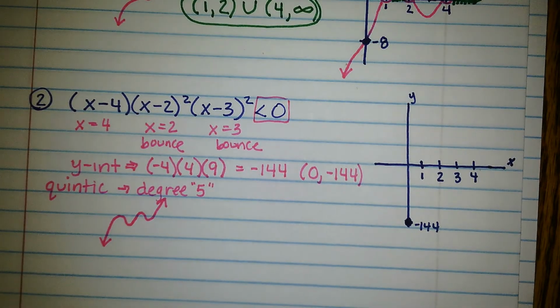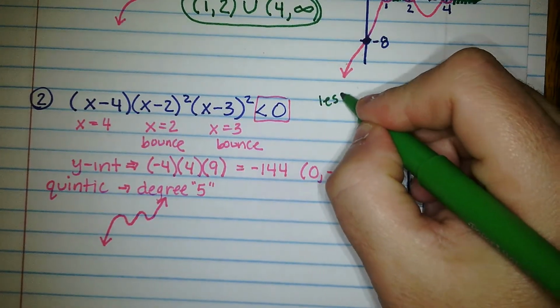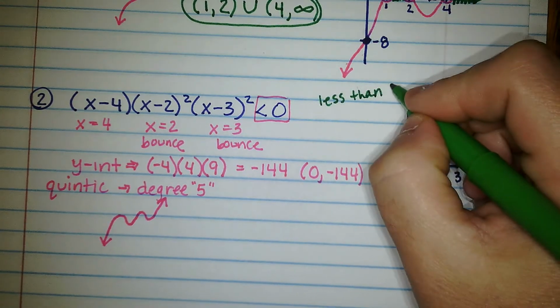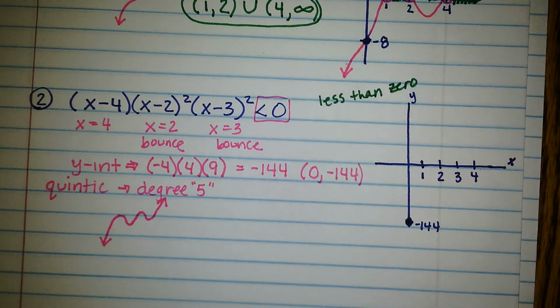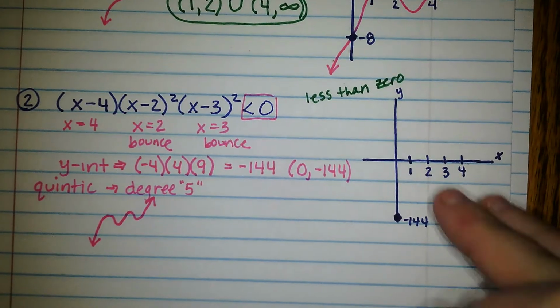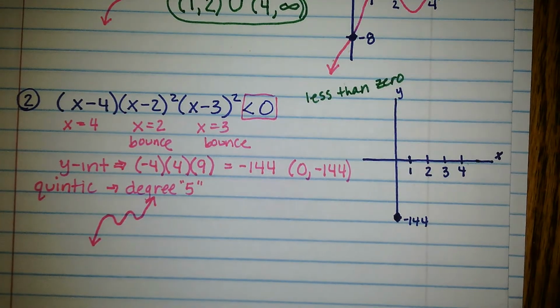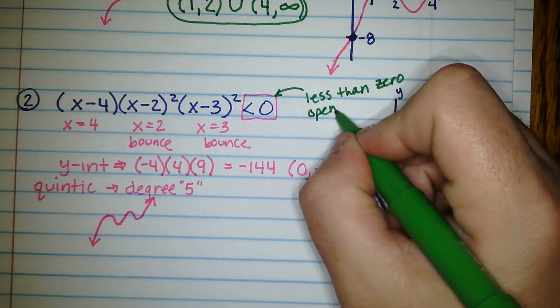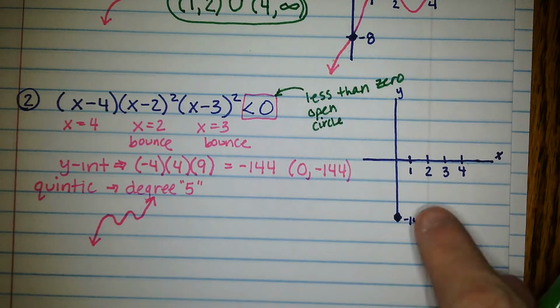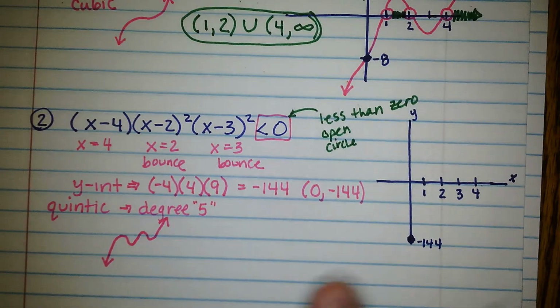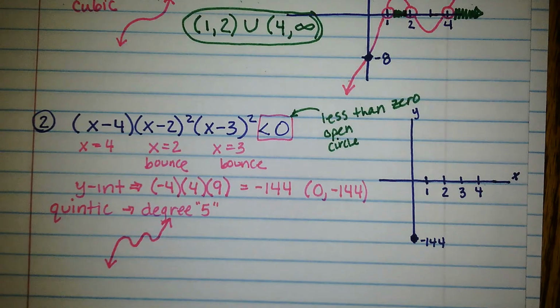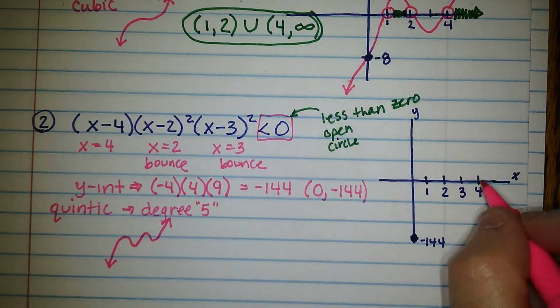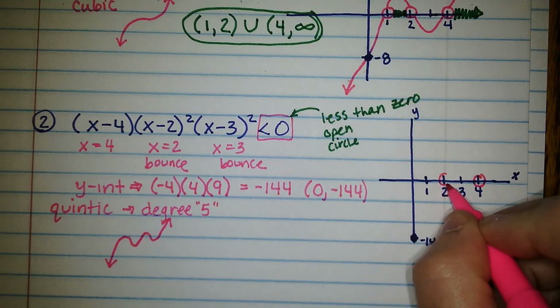Less than 0 indicates that we want all y values to be below 0. So that looks like a dip in the graph under the x-axis. It also means that you're going to have an open circle for all zeros. So where we have 4, 2, and 3, we need to have open circles because there's no equal to sign. So 4 is open, 2 is open, and 3 is open.